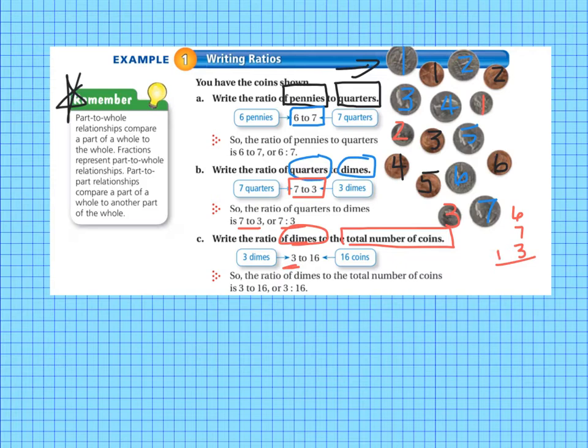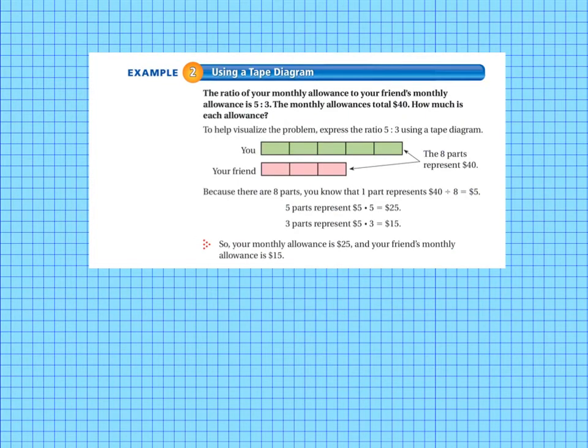So when we add that up, we have 16 total coins. So the ratio of dimes to the total number of coins is 3 to 16, or you can write it with a colon in the middle, 3:16.